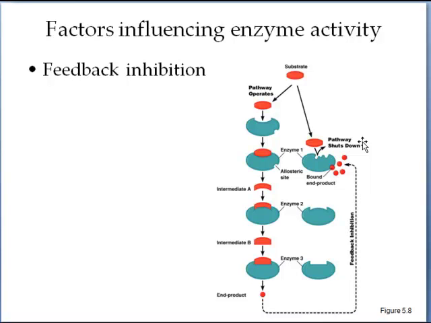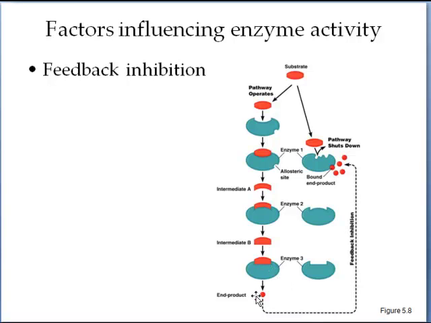requires several steps, and the synthesis of a particular chemical compound, which is the end product, is like an assembly line. Each step is catalyzed by a separate enzyme. Enzyme 1 is catalyzing intermediate A, enzyme 2 is intermediate B, enzyme 3 is the last process.